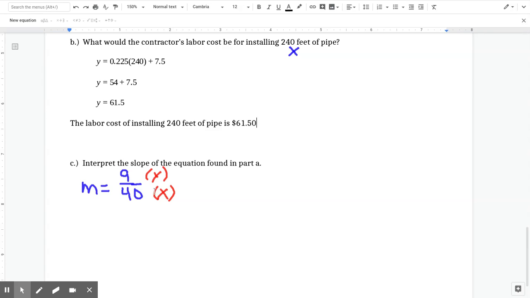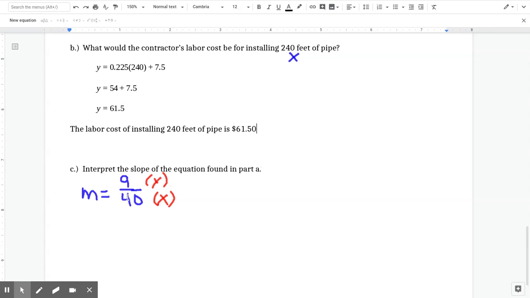Because y is our labor cost in dollars, and 40 is the feet of pipe installed, we're able to interpret our slope using that same wording. We can state this as: the labor cost increases, because it is increasing over time.